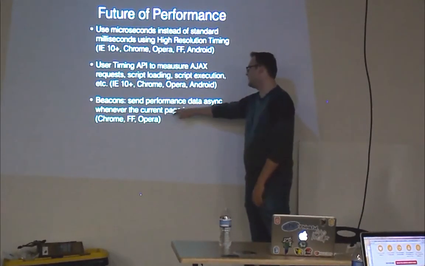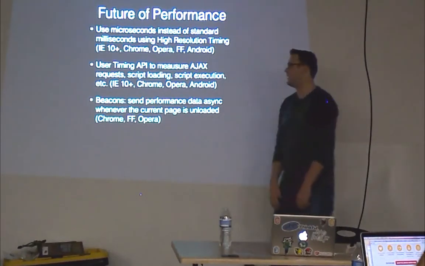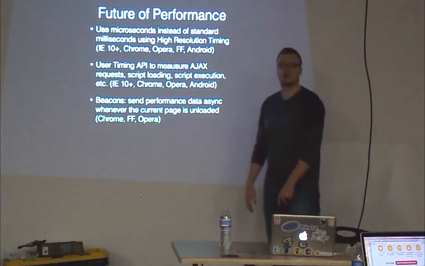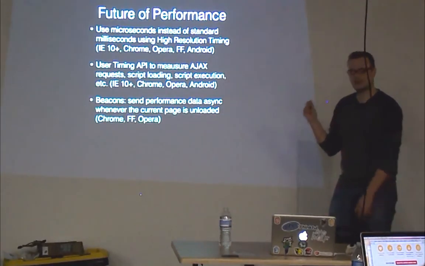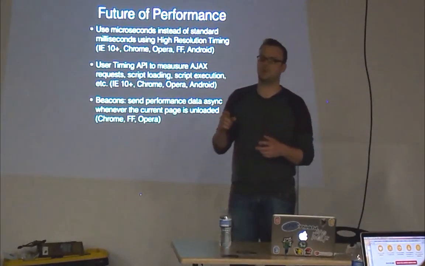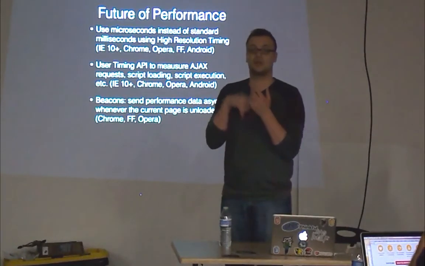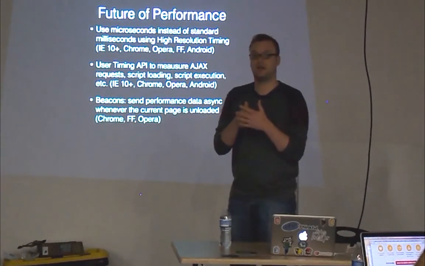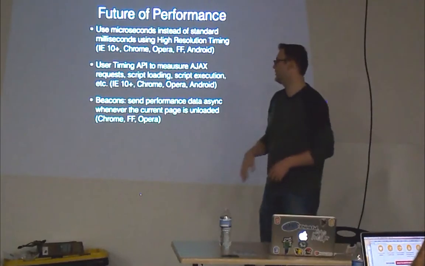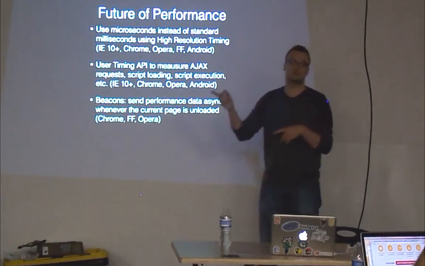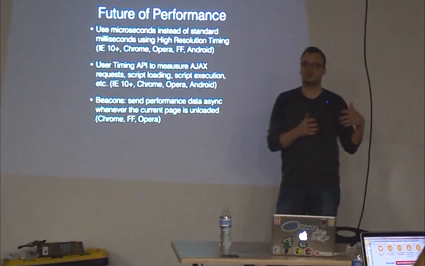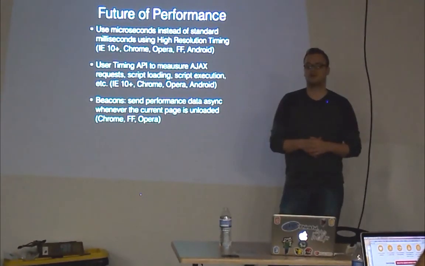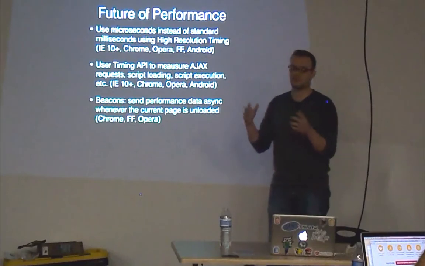And then JavaScript beacons send performance data asynchronously whenever the page is unloaded. And it's only in Chrome, Firefox, and Opera. But what happens is when the user clicks on a button to go to that next page, as the current page is being unloaded, that beacon will send your performance information to the server, so that it's not hindering the performance of your HTML.